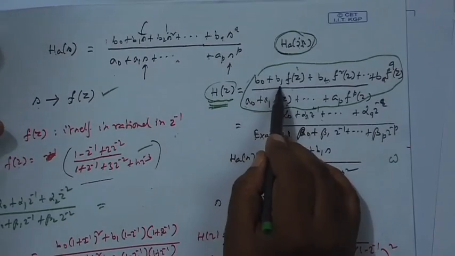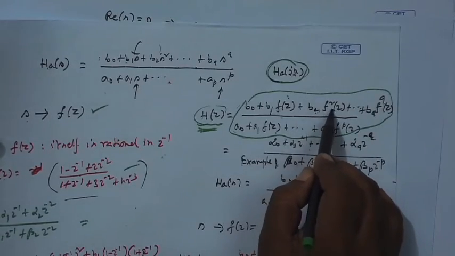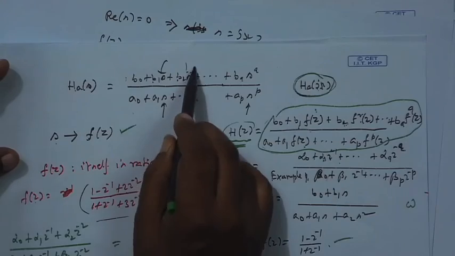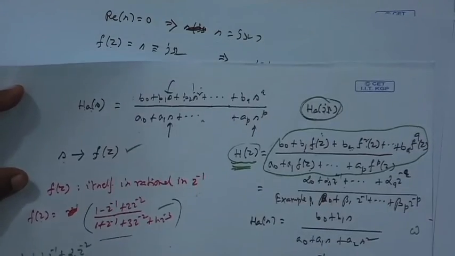So, it will be b 0 plus b 1 j capital omega plus b 2 j capital omega whole square dot, as though it is H a(s), where s is replaced by j omega.